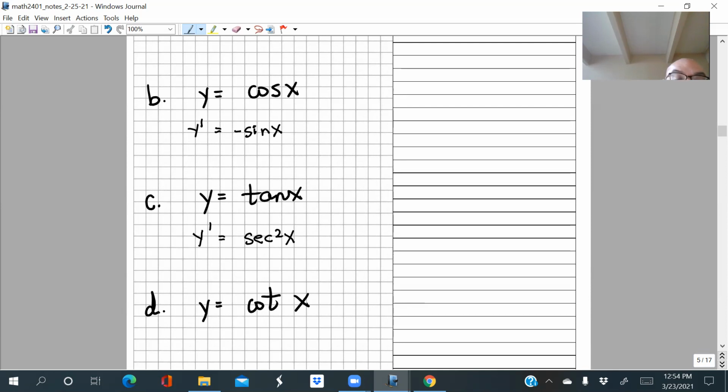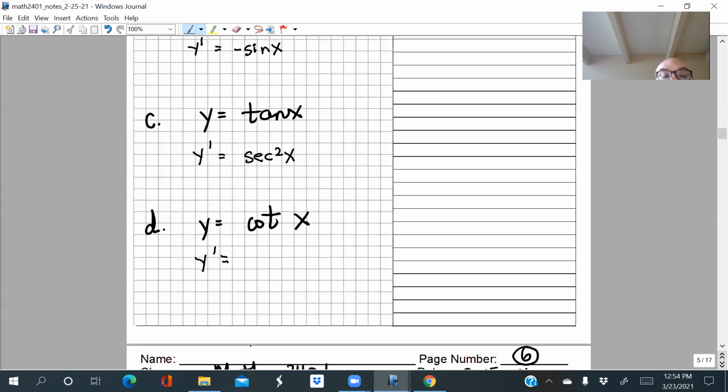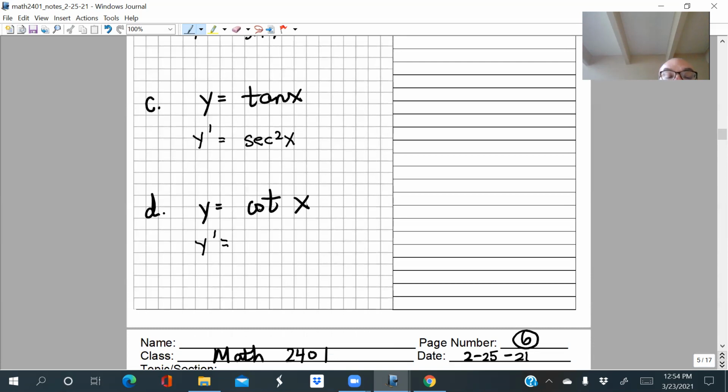For cotangent, you can use exactly the same process to discover this, so I'm not going to go through it. It turns out for the cotangent, the derivative is minus cosecant squared of x. So it's very similar to the tangent derivative, but it's negative cosecant squared x.